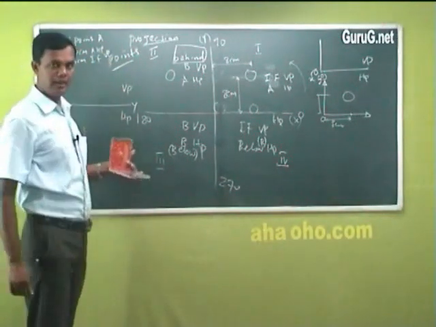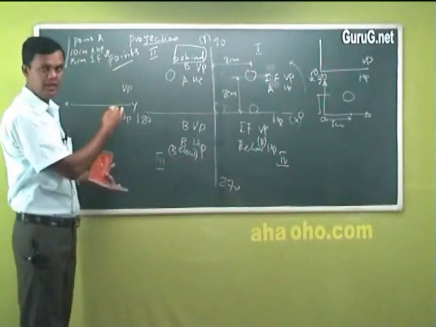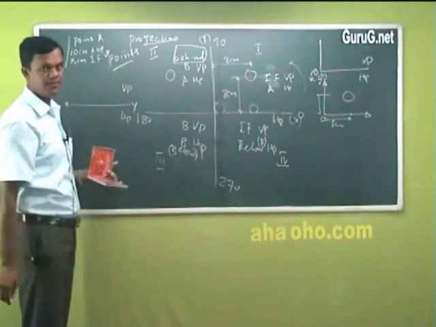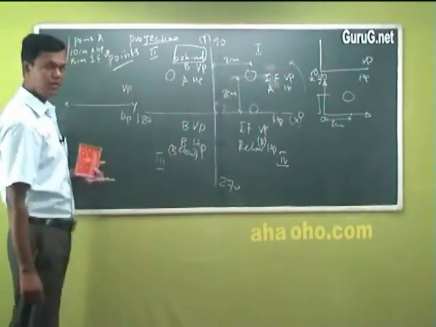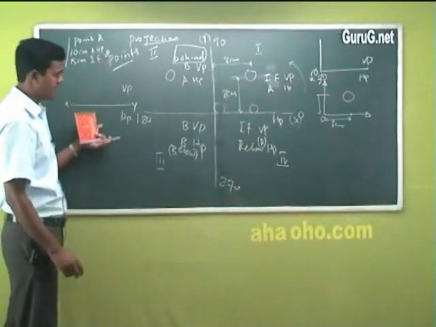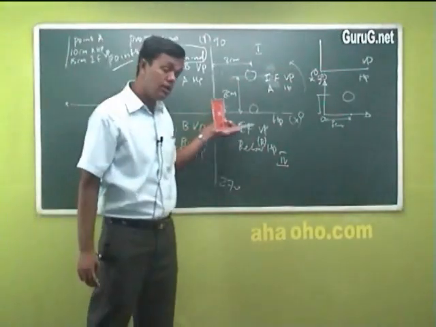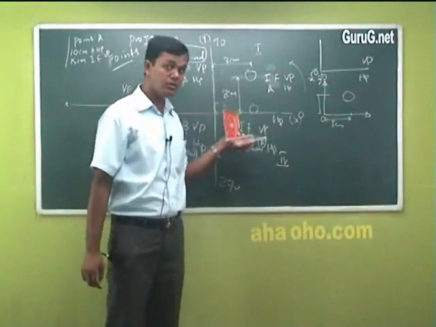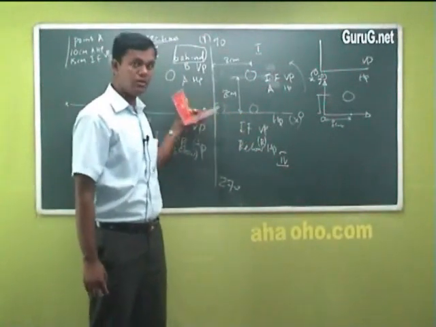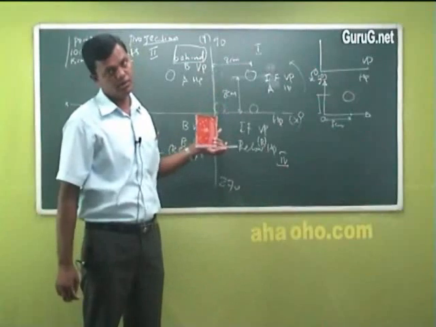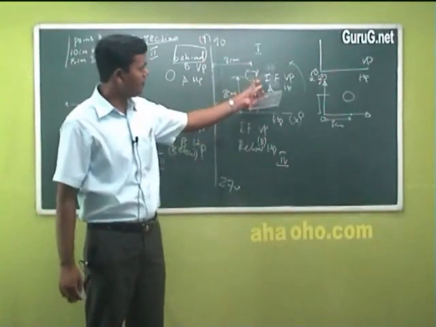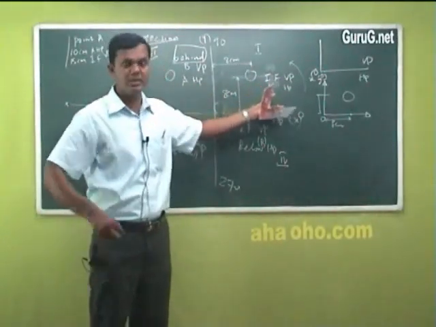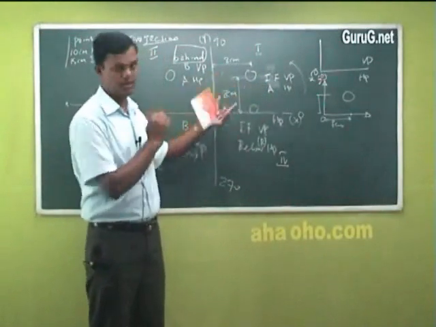How will I draw it in the sketch? Actually, we have to immediately come to the conclusion that we are talking about quadrant number 1, because we basically know in front of VP and above HP means it has to be only quadrant 1.